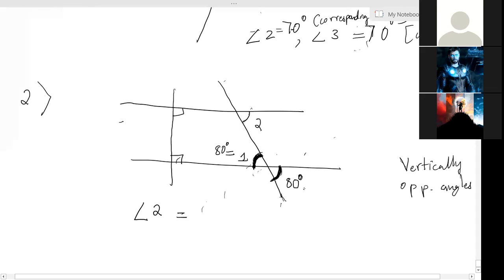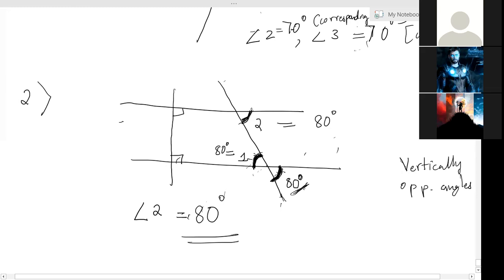This means that this angle is corresponding to this angle, right? This angle is below this parallel line, and this is also below this parallel line. So these both are corresponding, which means angle 2 is also 80 degrees. So we got this by vertically opposite, because these are vertically opposite to each other.